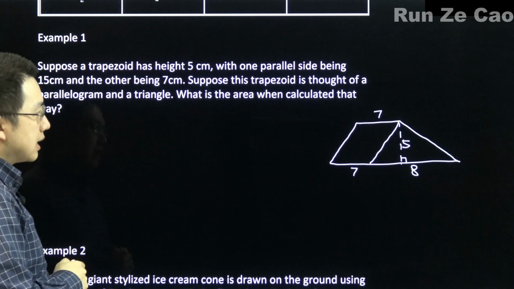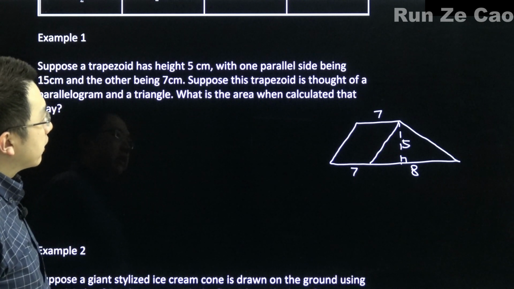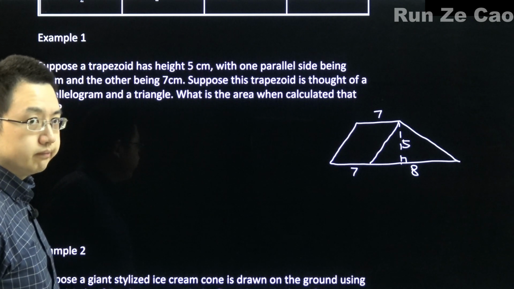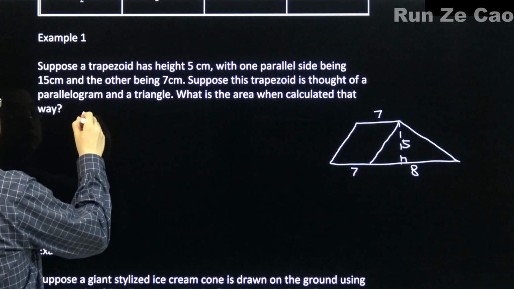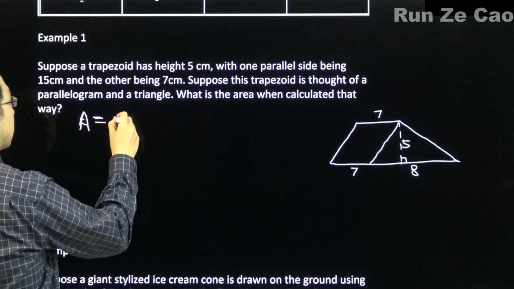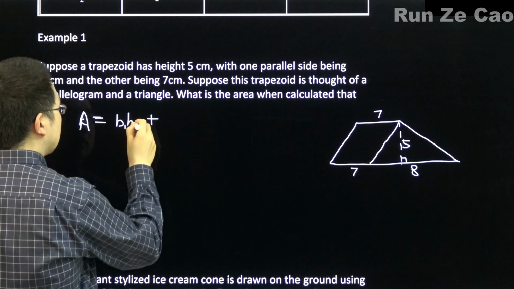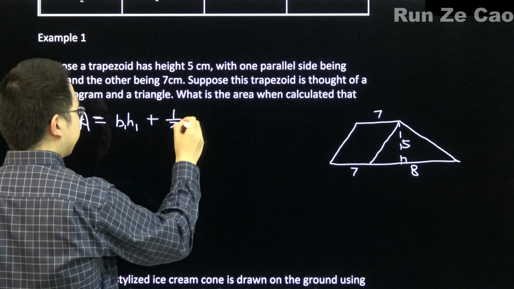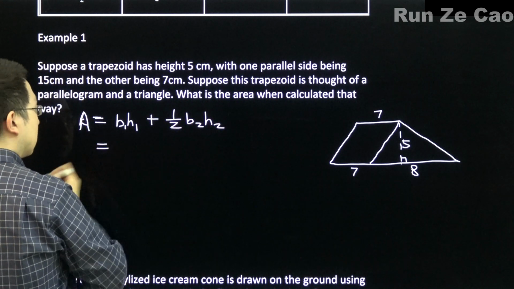Why is this compatible with the formula for a trapezoid's area? I mean, we can see that the area is equal to base times height plus 1/2 base 1 times height 1 plus 1/2 base 2, height 2. It's just that the heights are equal here.